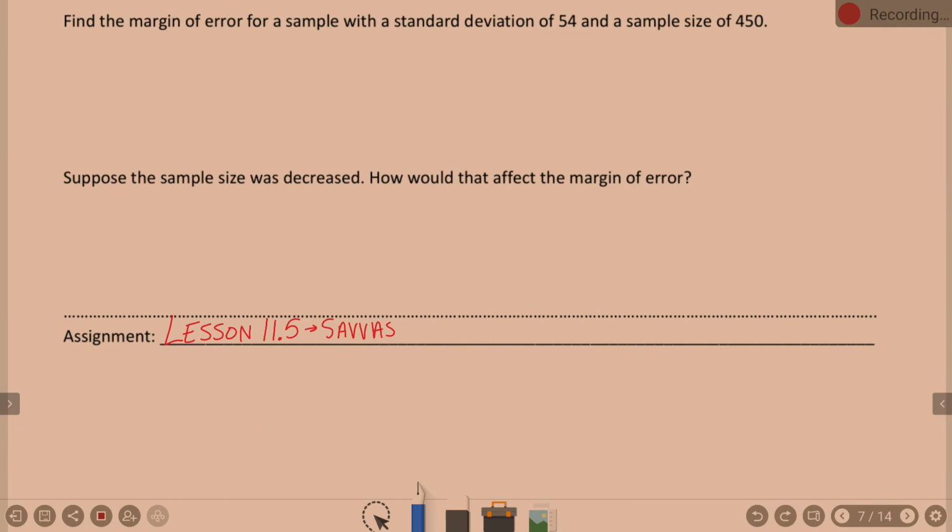Find the margin of error for a sample with a standard deviation of 54 and a sample size of 450. So what's the formula I'm using to find the margin of error?